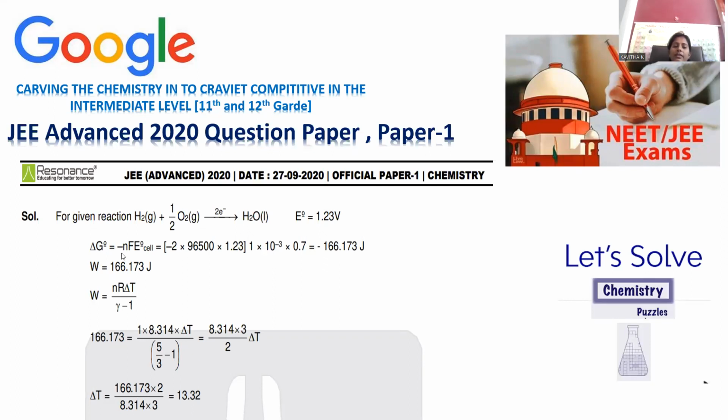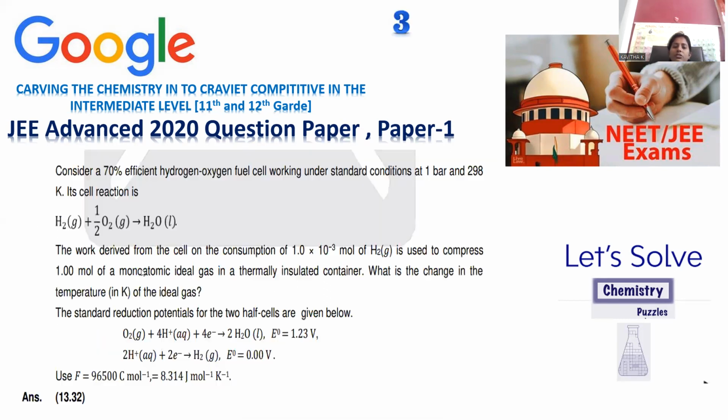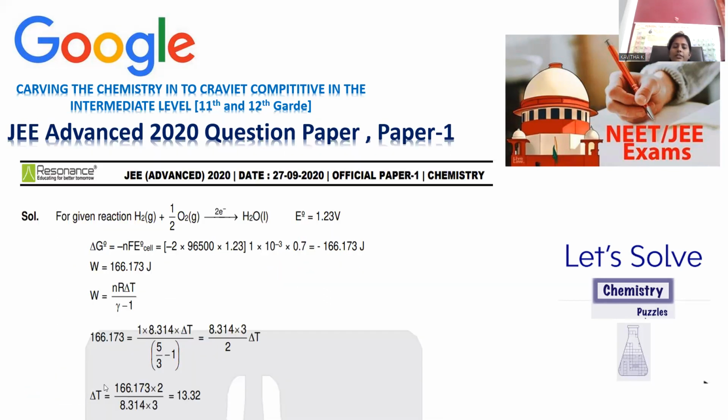n denotes what? The valency, how many electrons got transferred. Electrons accepted by the cation are released by the anion. It remains 2, so the n value can be taken as 2. F is the Faraday value, and just now we saw the Faraday value is 96,500.